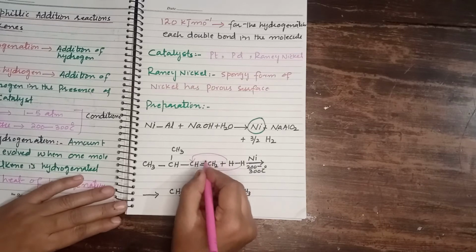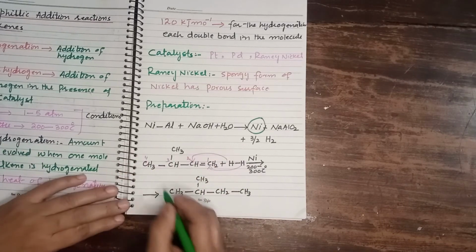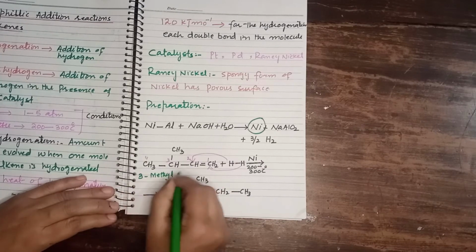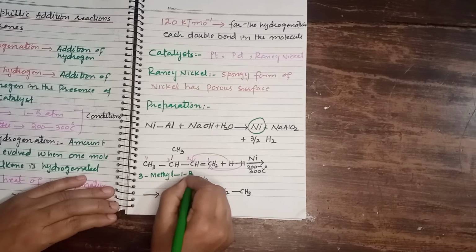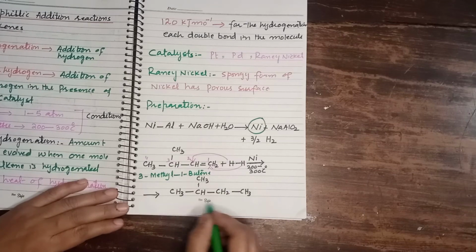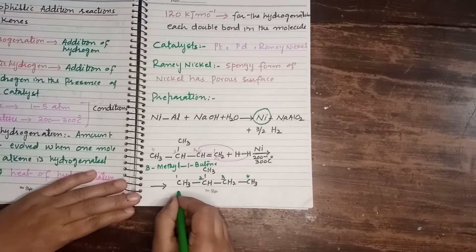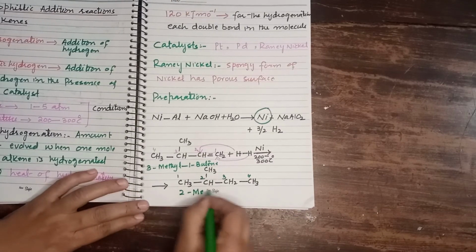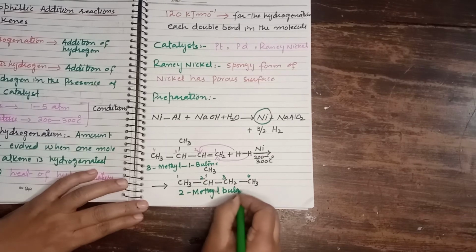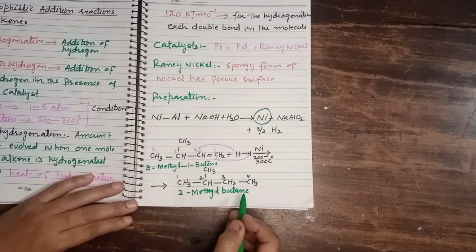Students, this is 1, 2, 3, 4. This molecule is 3-methyl 1-butene. After the addition of hydrogen, it changes to 2-methylbutane. So in this way, alkene is converted to an alkane molecule.